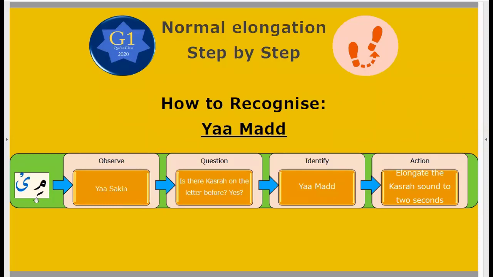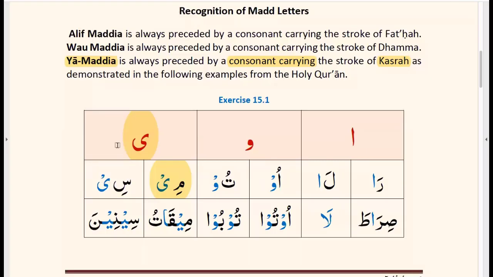You will pronounce this, instead of pronouncing mi, which would be just a mim with a kasra, you will pronounce mi, 2 seconds. Me. So let's go back to here. That was our first example.